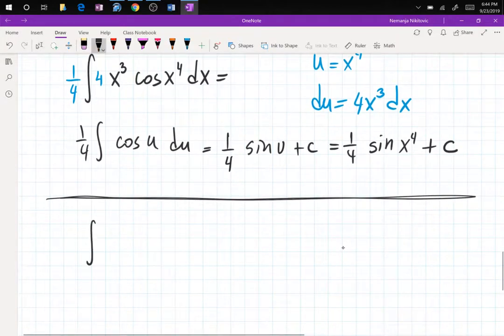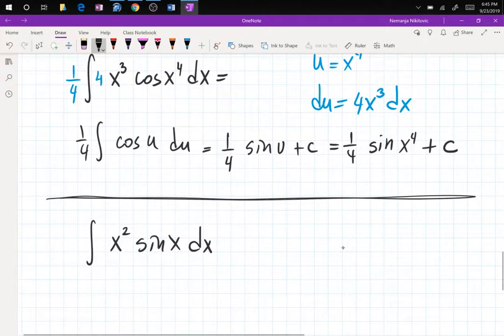Now, say I have x squared sine x dx. Let's say this is the question. Doesn't it look pretty much the same as the previous one? It kind of does, right?